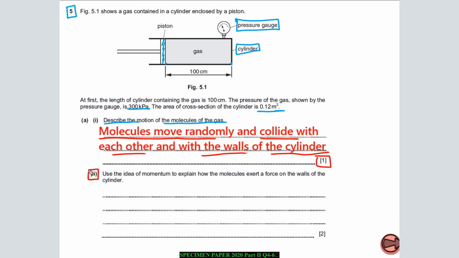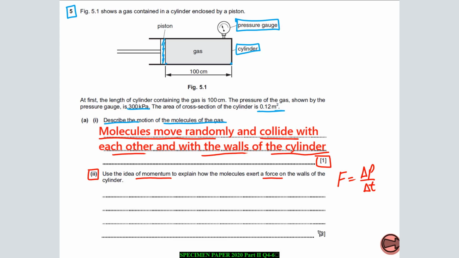The next one, use the idea of momentum to explain how the molecules exert a force on the walls of the cylinder. First we need to understand the relationship between momentum and force. Force is equal to ΔP over ΔT, meaning simply the rate of change of momentum is called force.